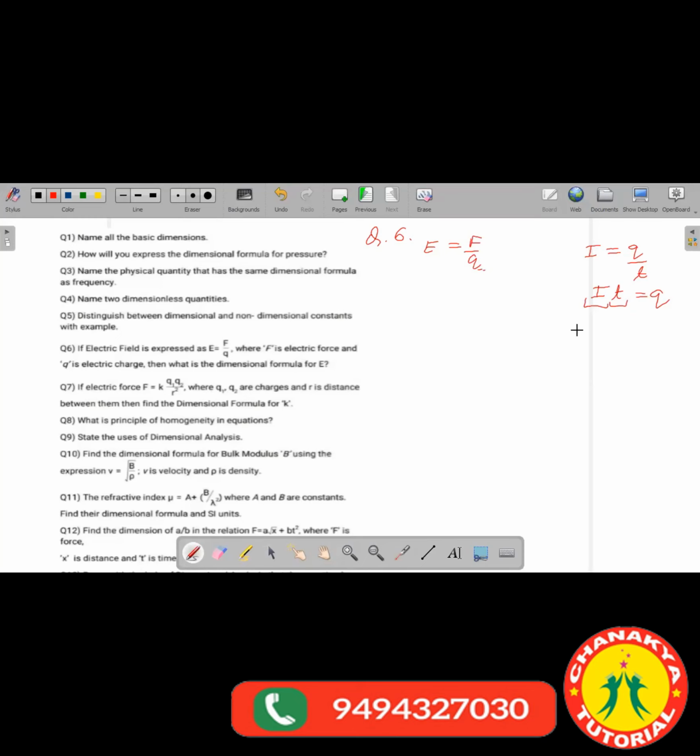Okay. So just putting the values, we can put here A and time is second. So AT are the dimensions of charge.